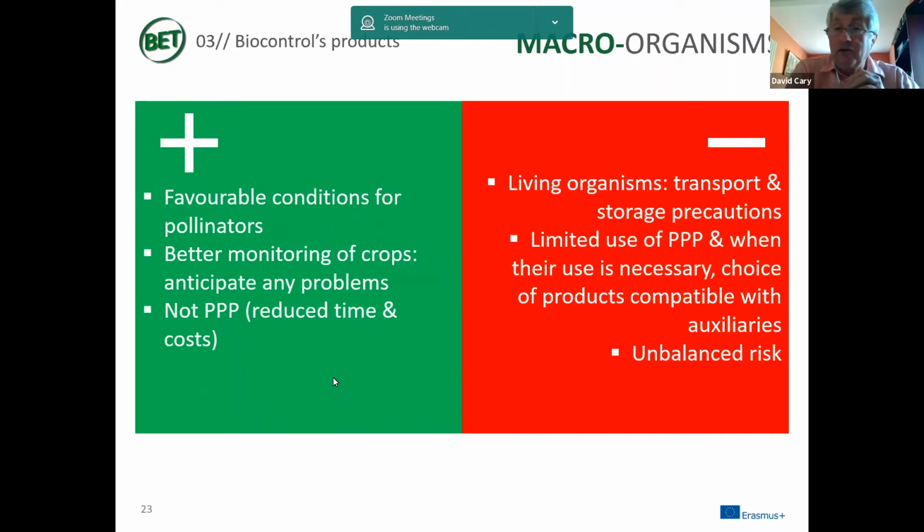Probably the biggest advantage, though, of a macroorganism is that it is not termed as a PPP. Therefore, it can be brought in at a quicker interval, and it brings in less cost in the development phase. So you can respond to an invasive pest.